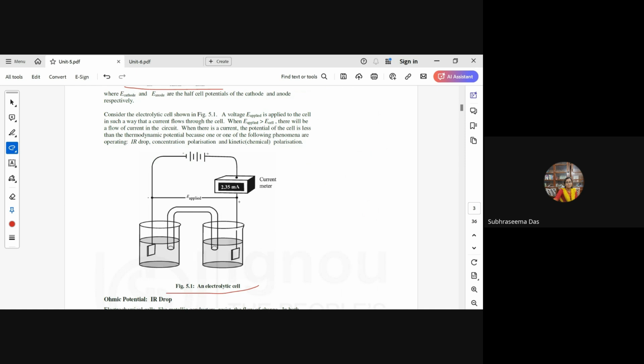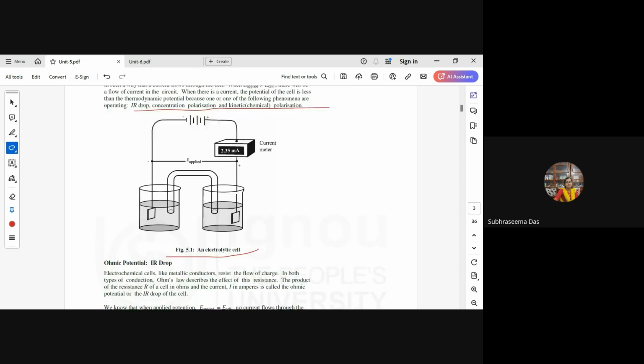Now, when there is a current, the potential of the cell is less than the thermodynamic potential because of very common phenomena: IR drop, concentration polarization, and kinetic polarization. These are the three conditions that invariably occur when there is current inside the cell, and this leads to a reduction in thermodynamic potential.